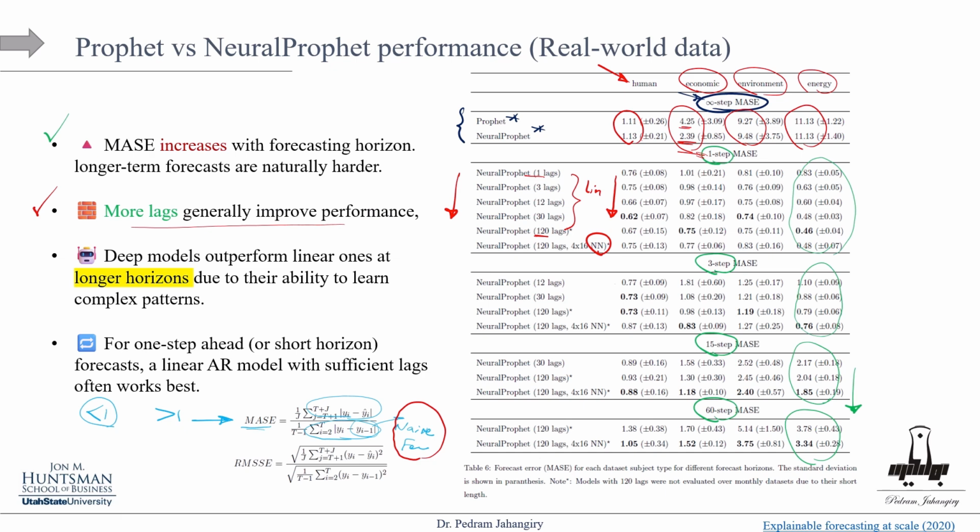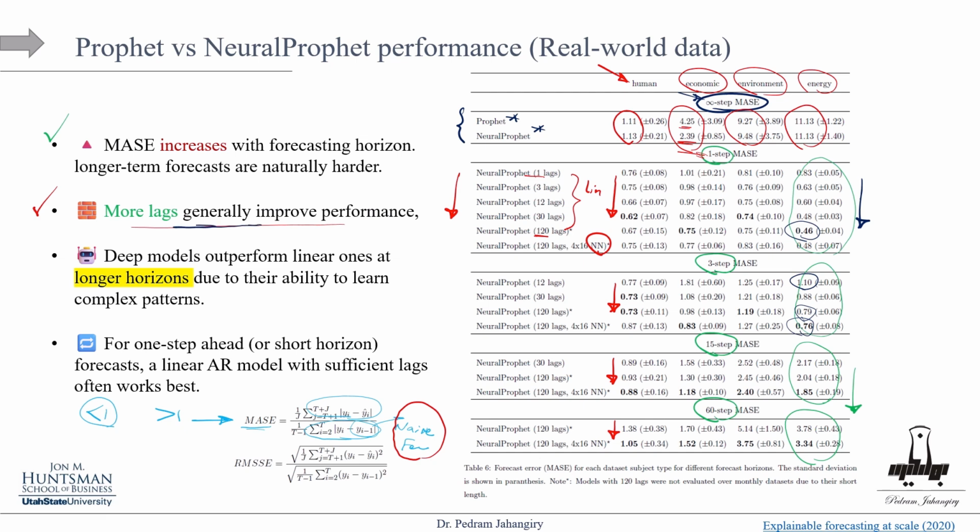And that's the case for 1 step, 3 step, 15 steps, and for all the data categories, right? So for example, for energy, we go from 0.83 to 0.46. We go from 1.1 to 0.79 and then 0.76, right? So this seems to be a general pattern that typically including more lags is going to improve the performance.